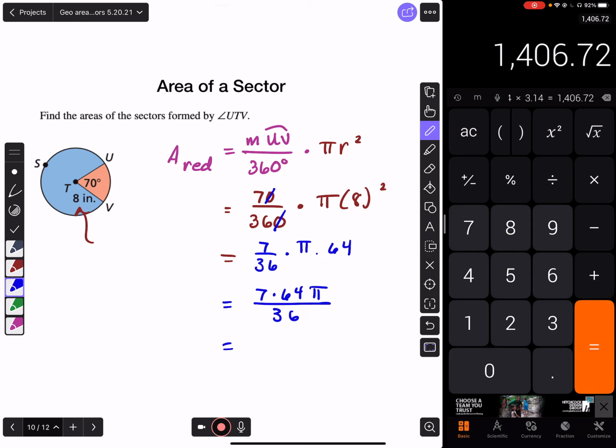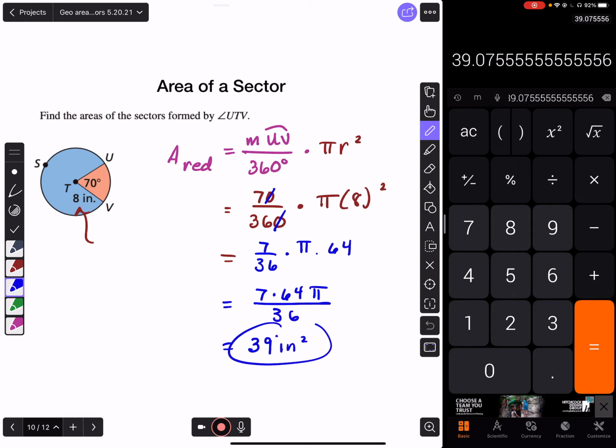There's my numerator. And I'll just divide by 36. So it is about 39 inches squared. And I know it's inches because my radius was measured in inches, and I have to use inches squared because remember we're talking about how many of those little squares it would take to fill in that red region.